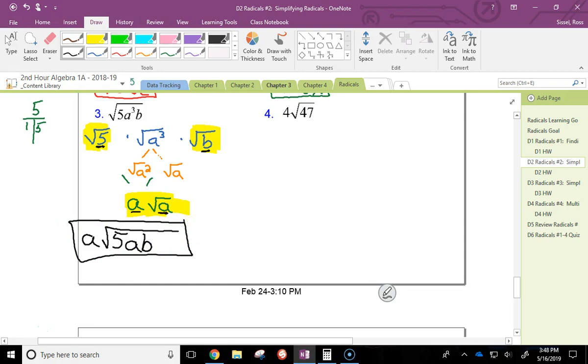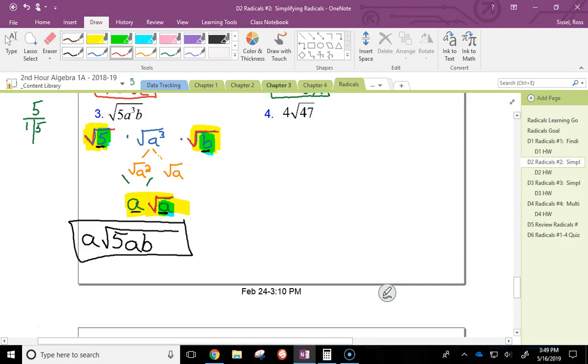The square root of 5a to the third b would simplify to a times the square root of 5ab. Remember, I can times the 5, the a, and the b. See if this helps. I can times those because they are all inside our square root sign, so they have a like base, if you would.